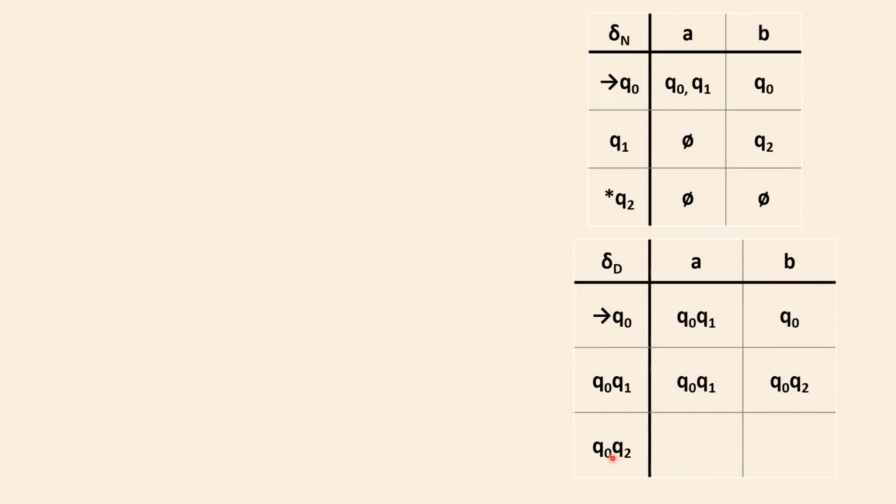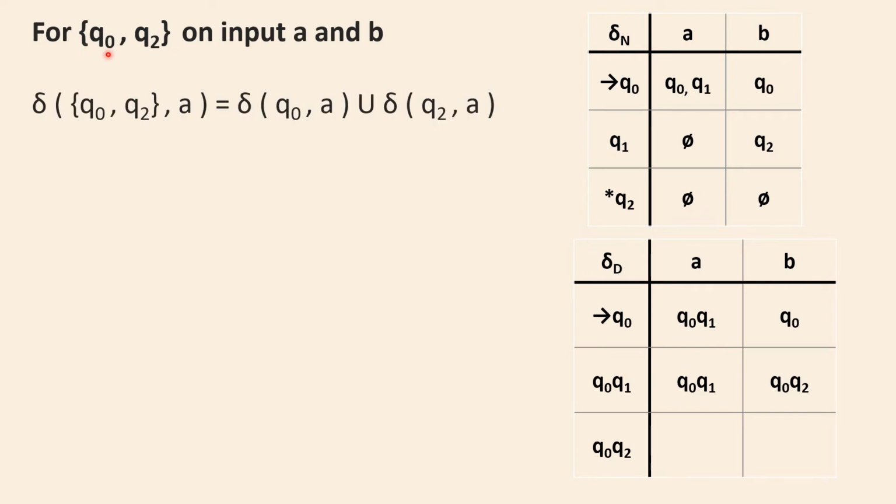Let us find out Q0 Q2 on input A and Q0 Q2 on input B. So first for Q0 Q2 on input A, I have Q0 on input A union Q2 on input A. Q0 on input A gives Q0 Q1, and Q2 on input A has no transition, that is null.